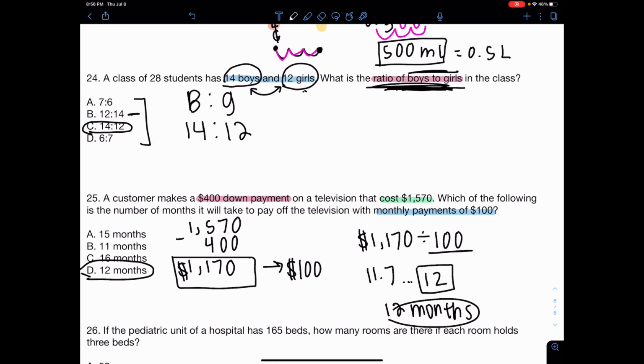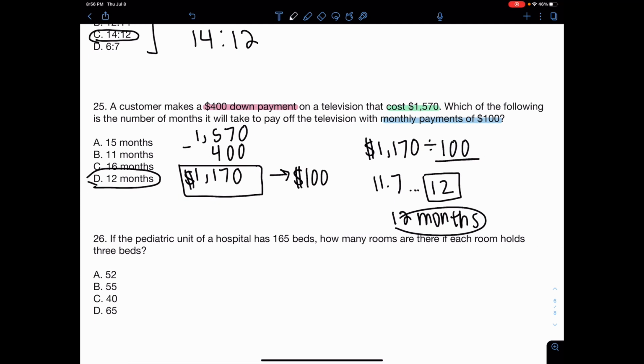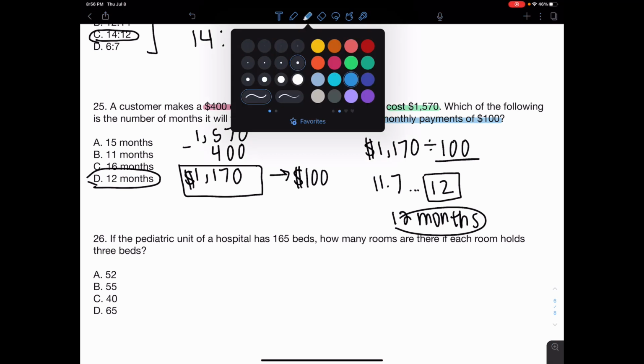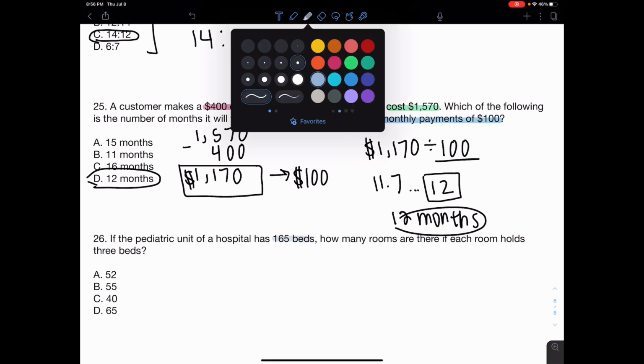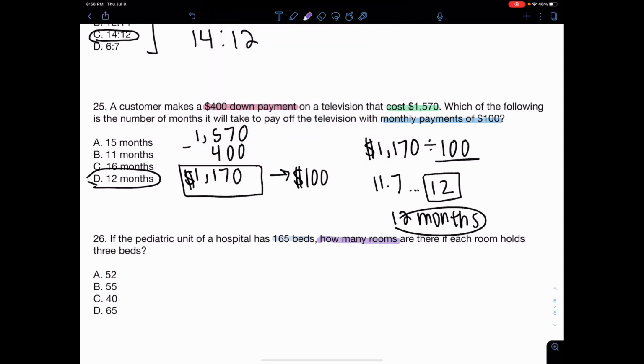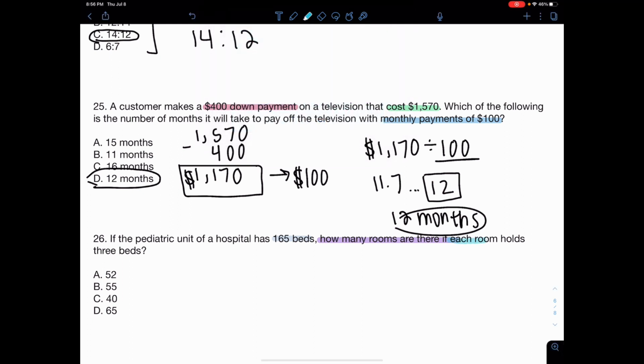Alrighty. Let's go ahead and move down to question number 26. If the pediatric unit of a hospital has 165 beds, the question is asking you, how many rooms are there? That's the question. And it's giving you information that each room holds 3 beds.